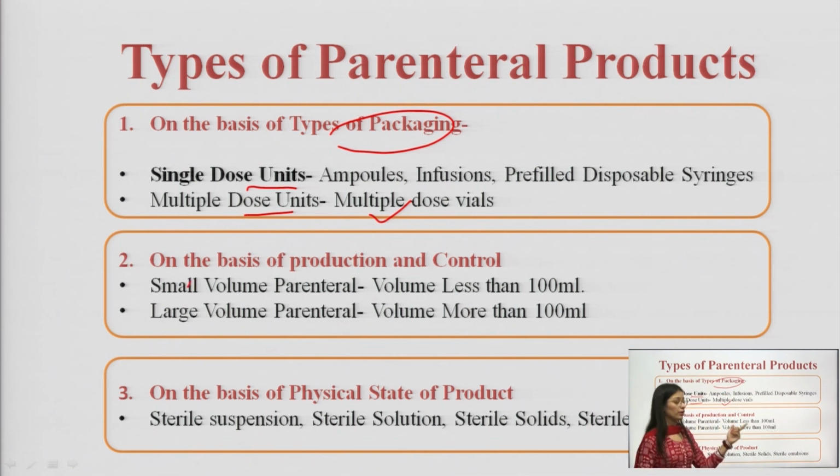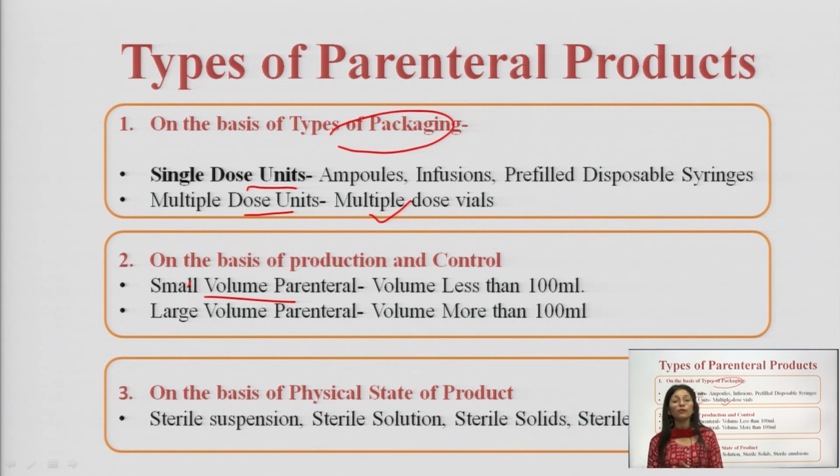On the basis of production and control. Number one is small volume parenteral, that is volume less than 100 ml. Large volume parenteral is another classification on the basis of production and control, with volume more than 100 ml.